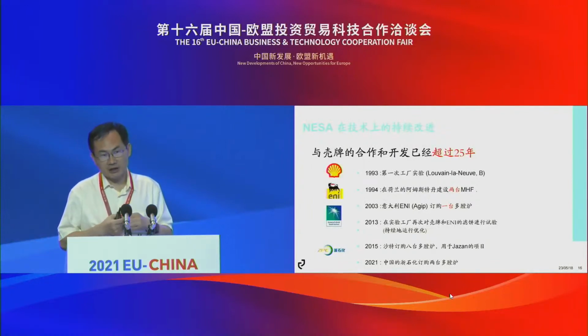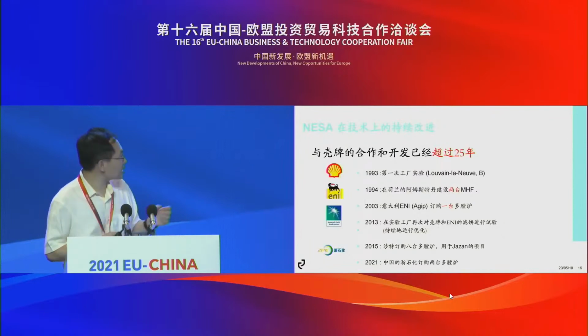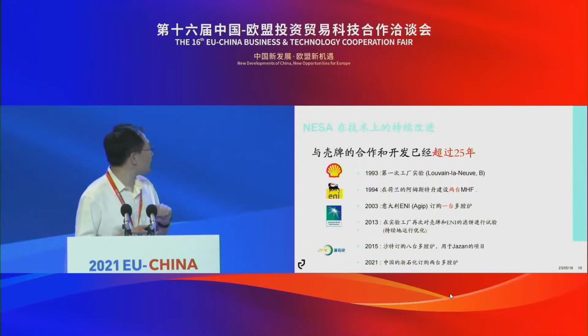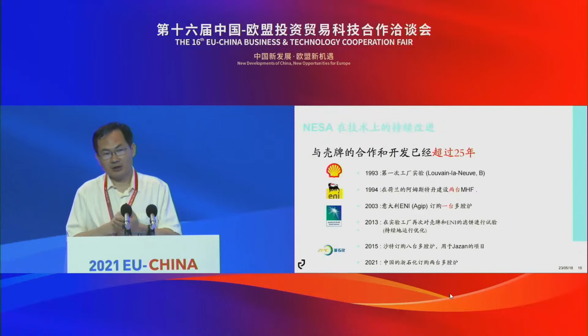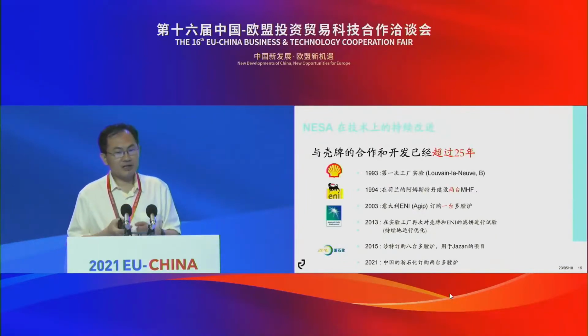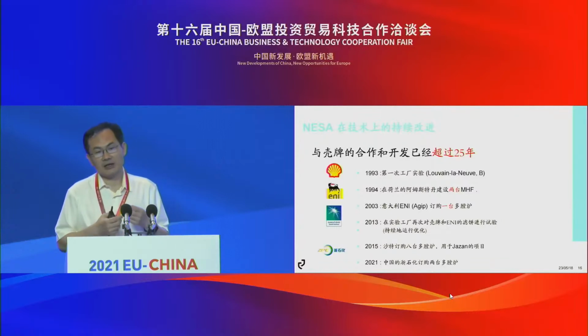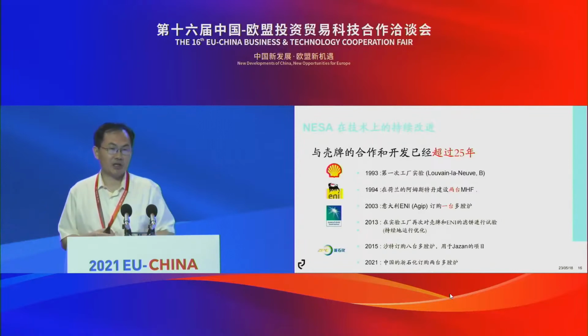We have cooperated with Shell for more than 25 years, and this project from Zhejiang Petrochemical is the first project in China. And by the year 1994, in the Pernis factory in Amsterdam, and we also have had projects in Italy.